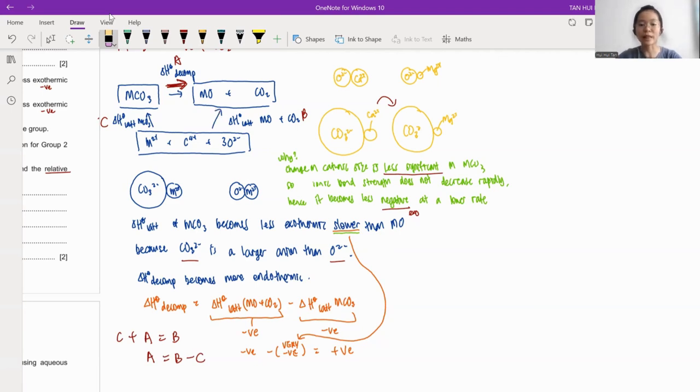And since lattice energy is always negative, but your MCO3 becomes less exothermic slower.